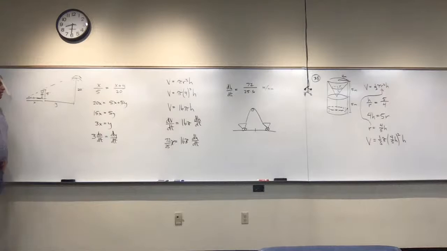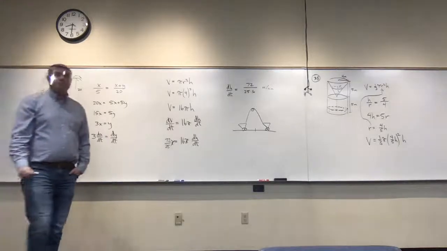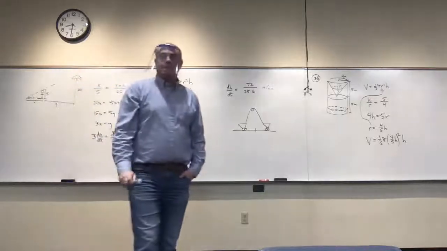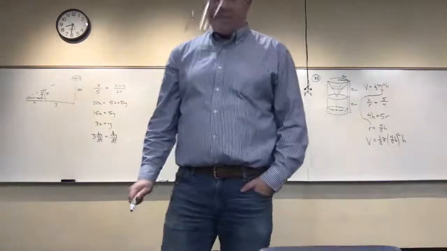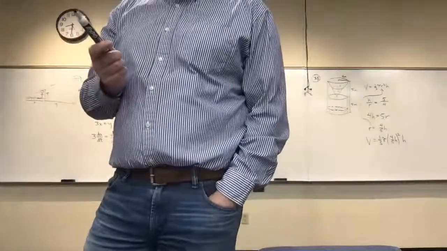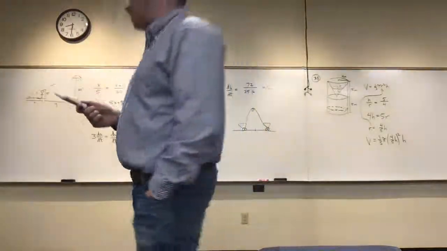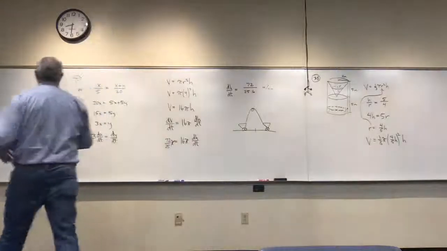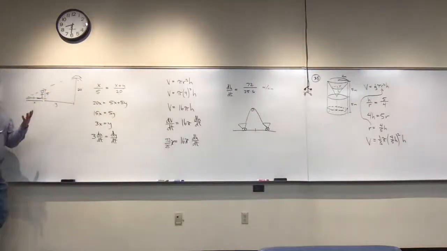So if I know one, I can find the other. And I do know one. What do I know? In this case, I know that she's walking toward a street light at 8 feet per second. So what's changing that's 8 feet per second?